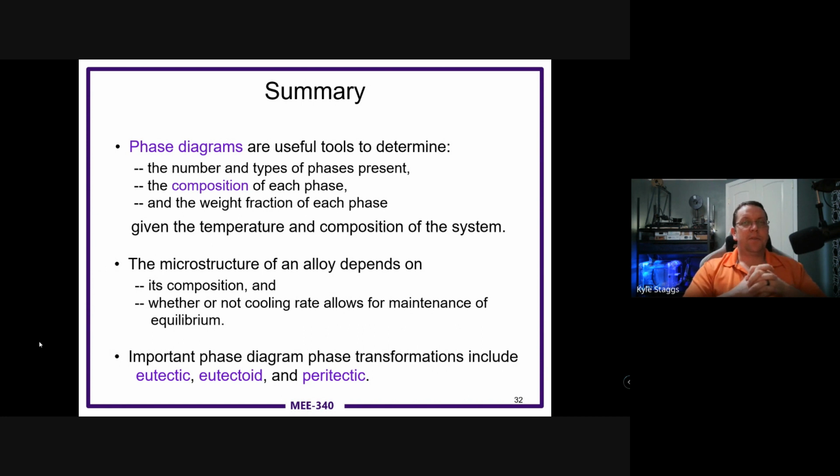Phase diagrams, you guys have talked a little bit about, and understanding what the composition is of each phase, looking at weight fractions. Those are really an important distinguisher, as well as the temperature for a particular composition, what that temperature means. And what we're going to start getting into is some of the information from the phase diagram, but also how for a given composition, we sort of take a slice of that.